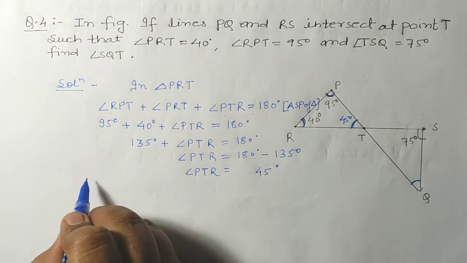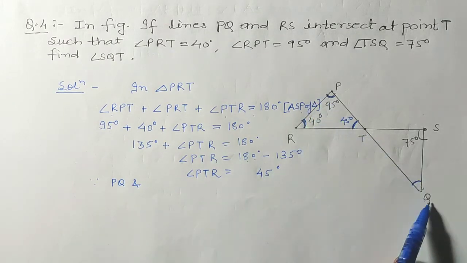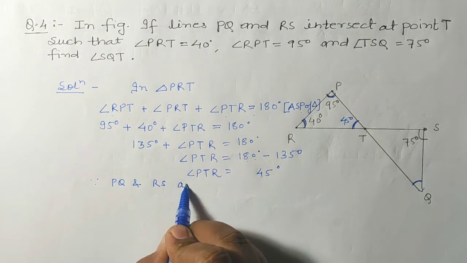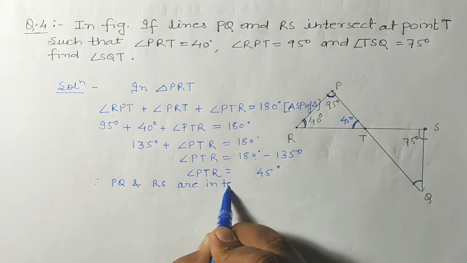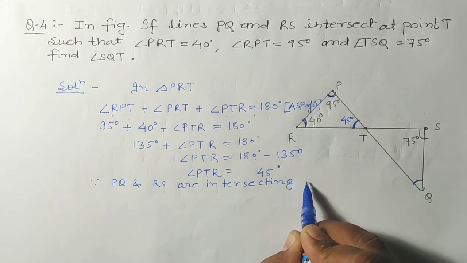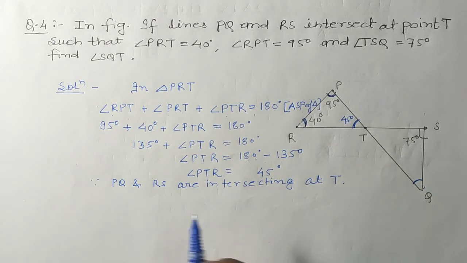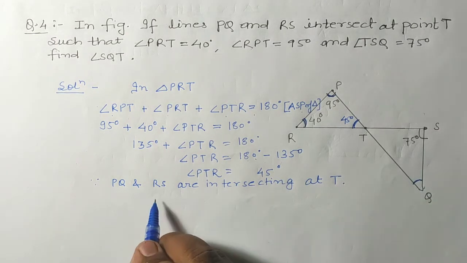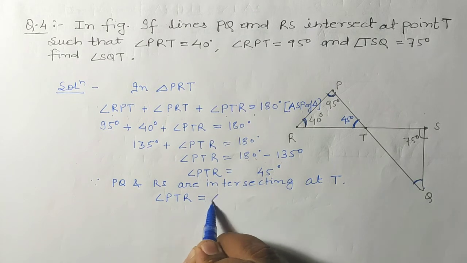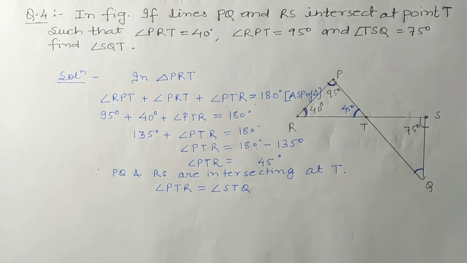Now see students, PQ and RS are intersecting lines at point T. Since they are intersecting, angle PTR will be equal to angle STQ. What is the reason behind it?